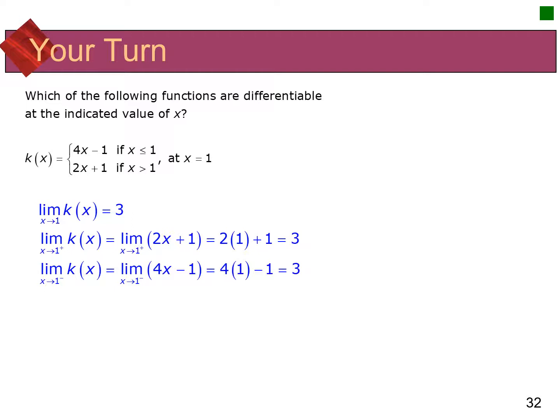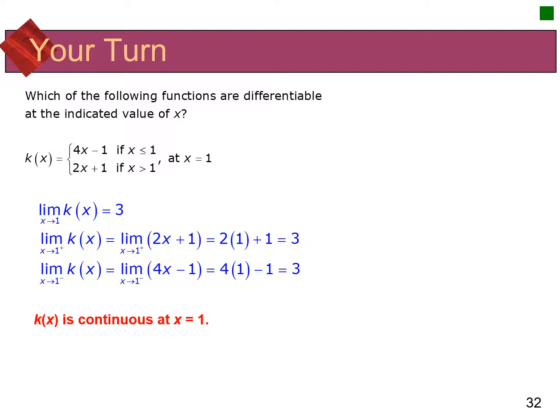The limit as x goes to 1 of k of x does equal 3, which means it is continuous at x equals 1. Now that it's continuous at x equals 1, I need to show that it's differentiable there, or see if it isn't. Just like the absolute value function, it's a piecewise function.